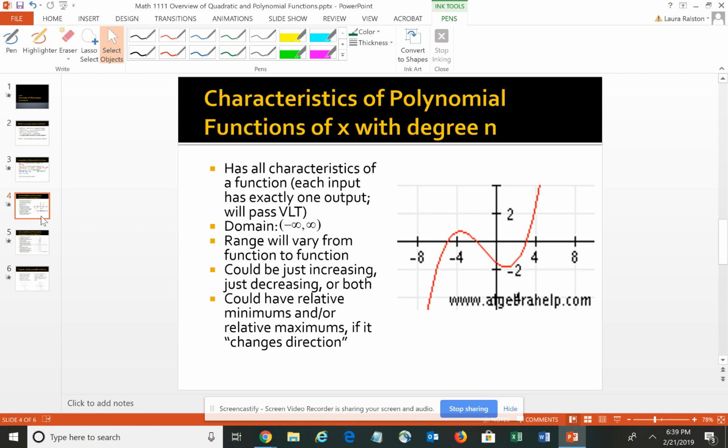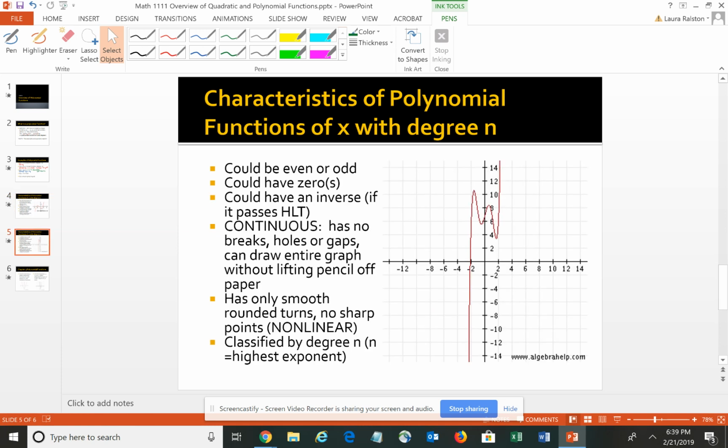Now, the range is going to vary depending on the type of function you have, whether it's x squared or x to the fourth or x to the fifth. A polynomial function could be solely increasing, just decreasing, or both. So you're going to have those relative minimums and relative maximums. You can also have absolute minimums and absolute maximums.